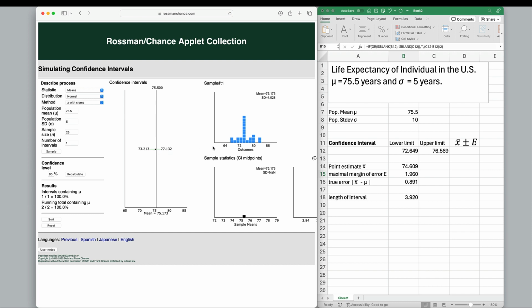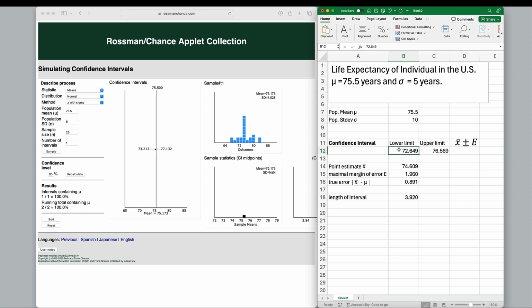There's a formula for this margin of error you'll see in the notes. But that's how they're getting these numbers. But the point I'm trying to explain is that we captured the mean, and the maximum margin of error should always be bigger than the true value, or I keep on saying true value, but the true error.